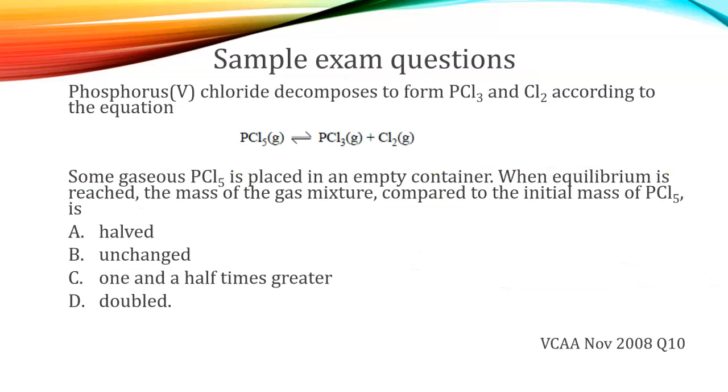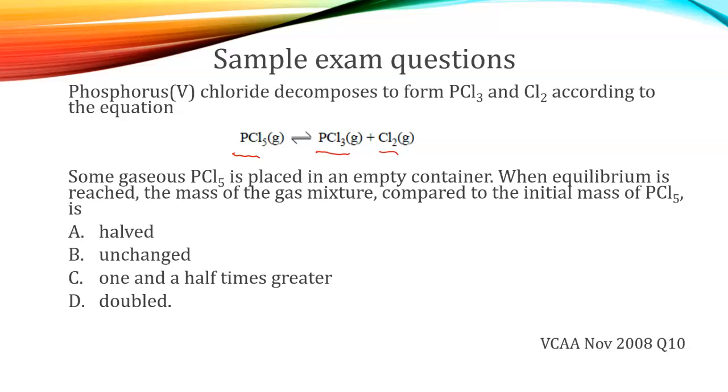So here's an exam question from 2008, and we've got an equilibrium between phosphorus 5 chloride, PCl5, and PCl3 together with Cl2. And we're told that some gaseous PCl5 is placed in an empty container. When equilibrium is reached, the mass of the gas mixture compared to the initial mass is. Now, the equilibrium has made products.